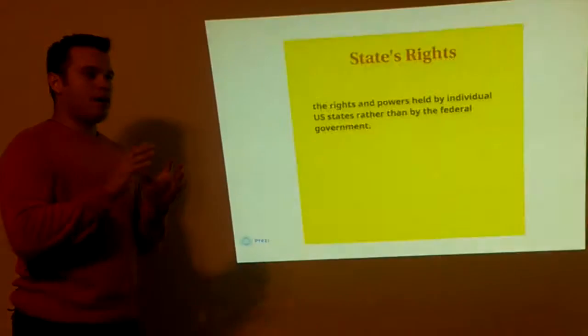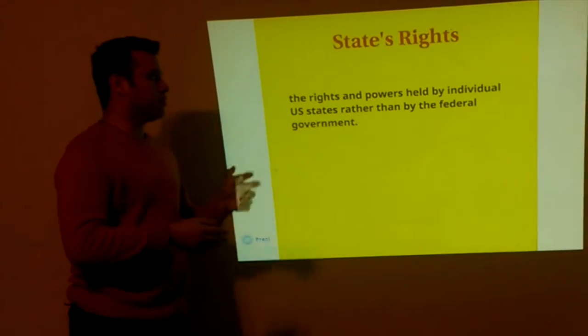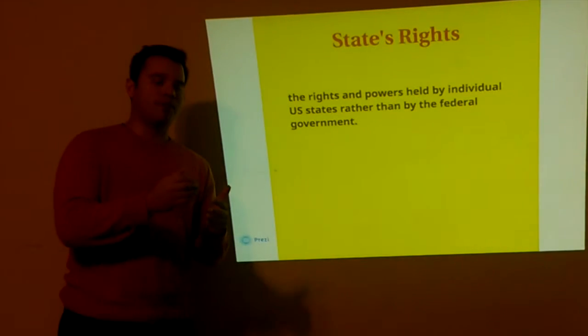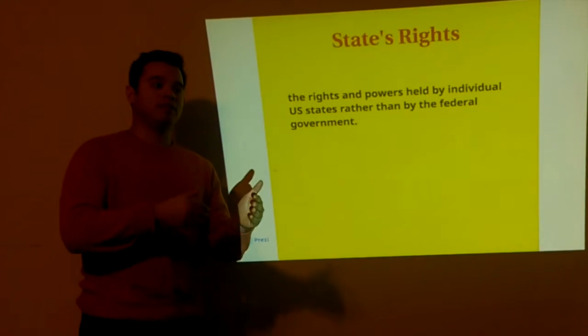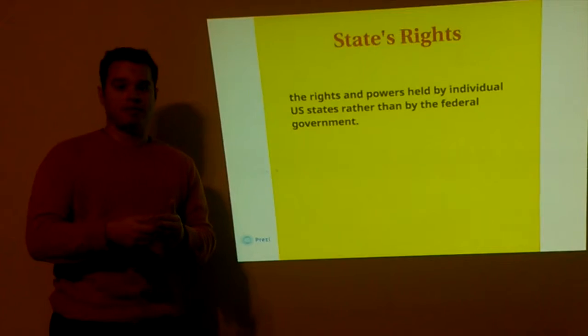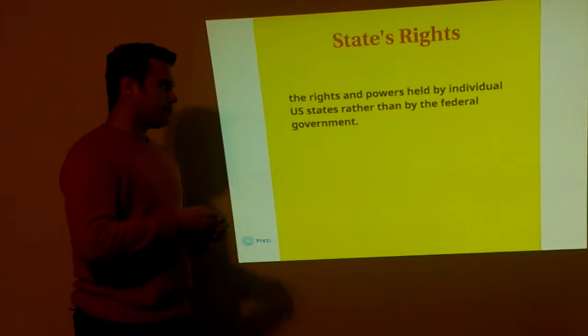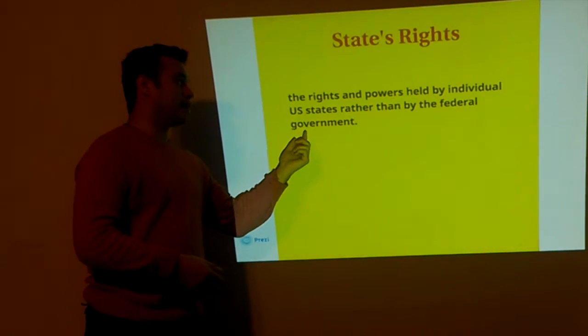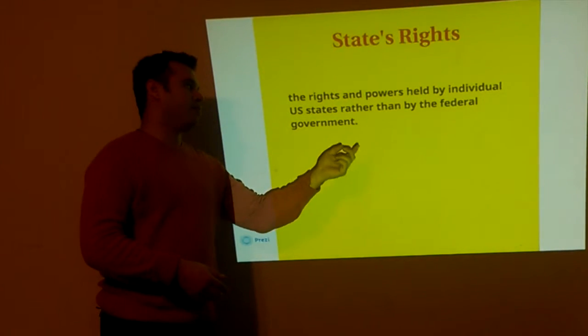Now, a second cause of the Civil War, we said, was states' rights. And states' rights has always been a very important issue in the history of the United States, going back even to the beginning of our nation. Again, states' rights are the rights and powers held by individual U.S. states rather than by the federal government.